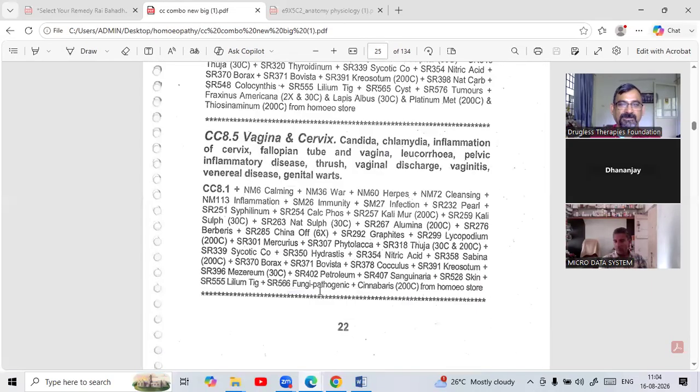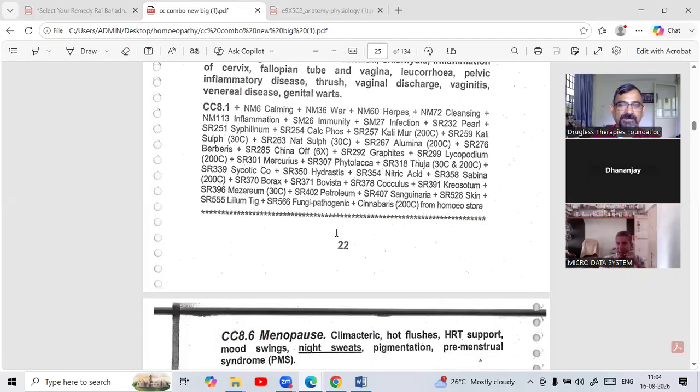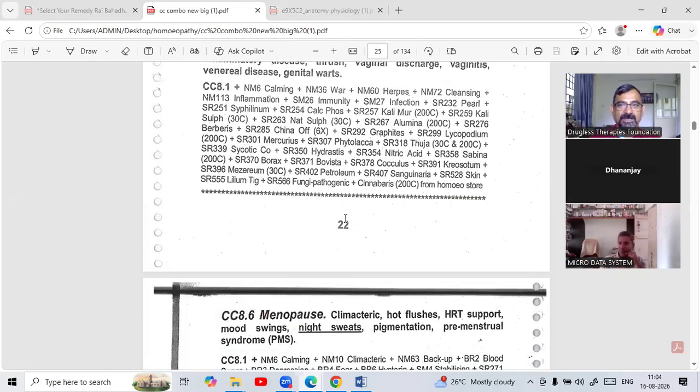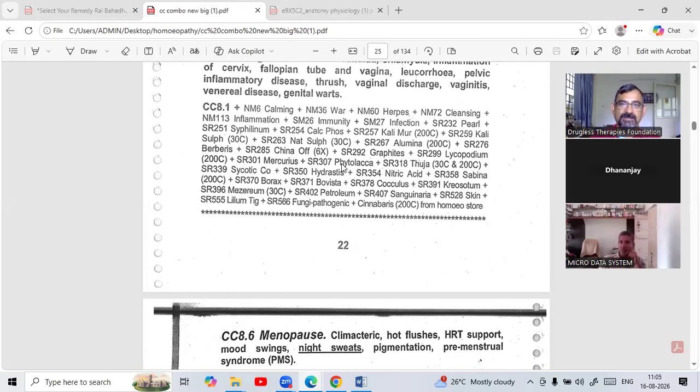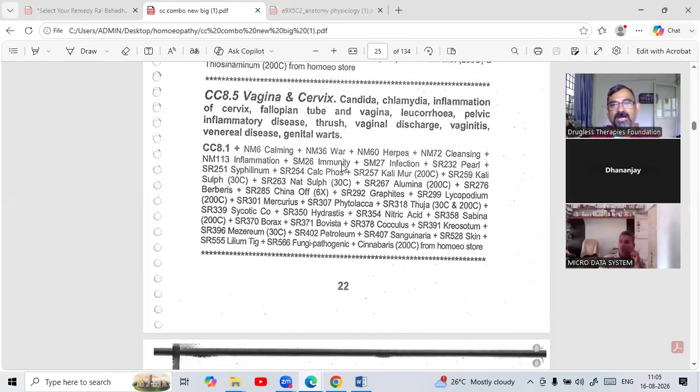Organ therapy, when we are studying this, see what remedies are there in this. Since it is already covered in 8.1, they have not repeated it here. But as I already told you, this is addressing even fungal infection, because generally we ask a female if vaginal itching is there.